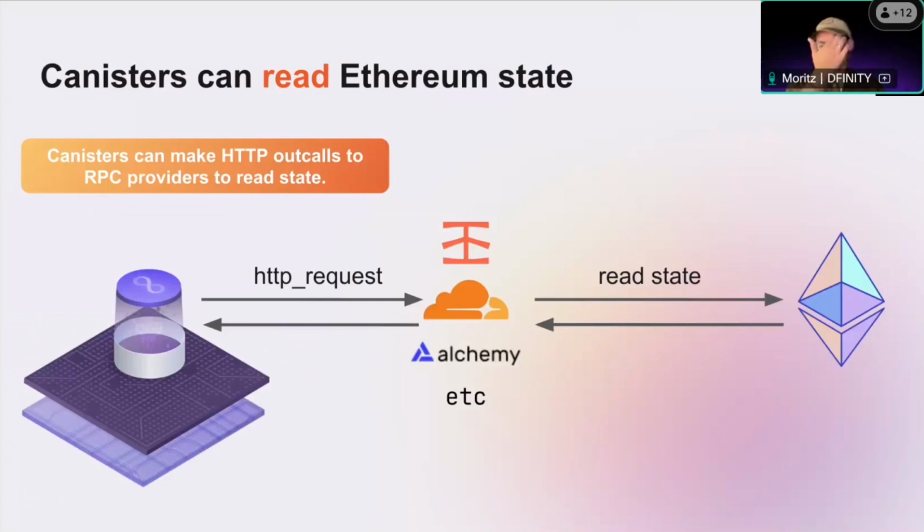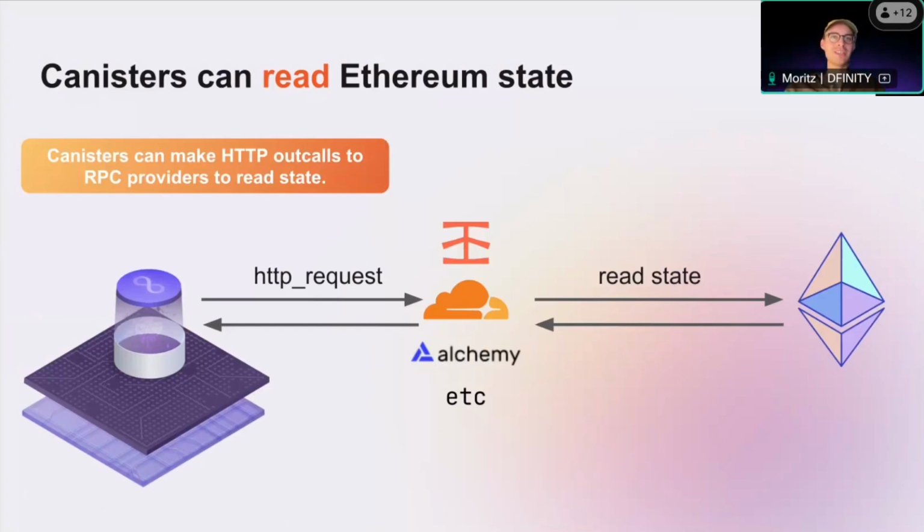Okay. So I mentioned this HTTP outcall feature earlier, right? A canister can just call into an API that's hosted on a server, whatever. And that means that a canister can also, of course, call into an EVM RPC provider, so you can call the methods exposed by an EVM RPC provider, like Alchemy or Infura or Cloudflare.